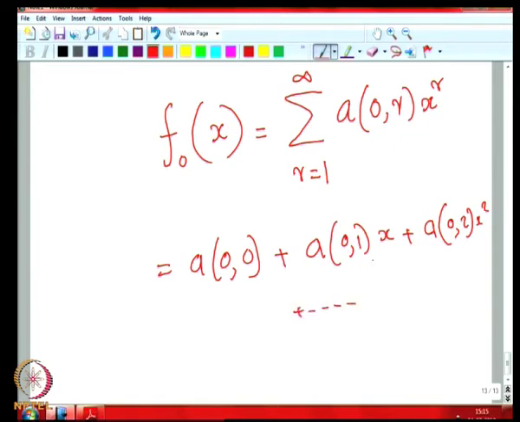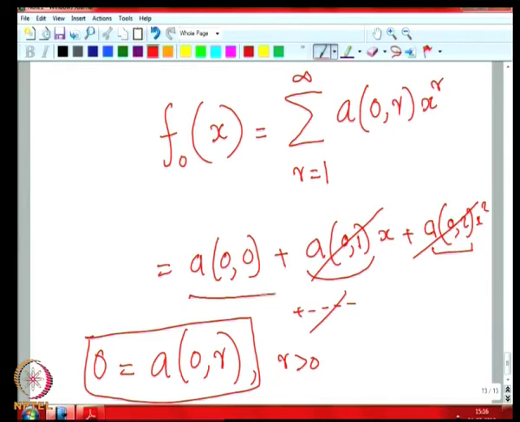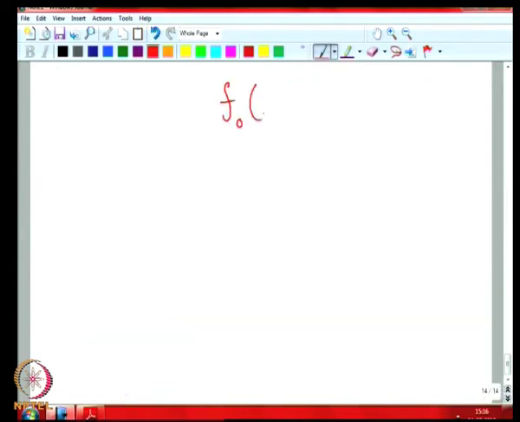But here we are talking about selecting one object from 0 objects. This should be 0, this should be 0 and so on, right. So, all these things will be considered 0. That means we will define a0 comma r where r greater than 0 as 0. So, therefore, this f0 of x will be just a00 which is 1. So, we note that f0 of x is just 1.